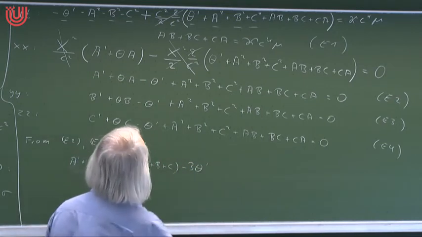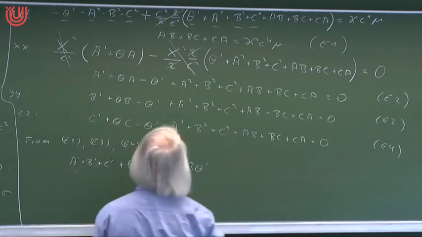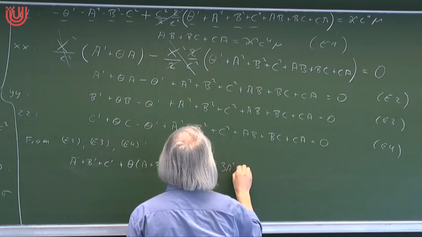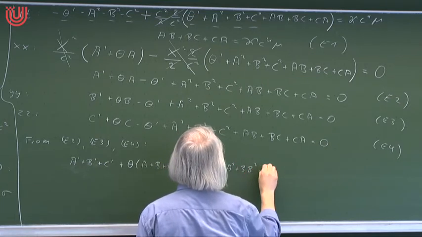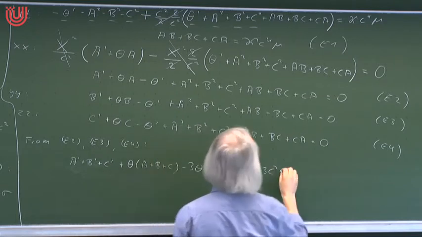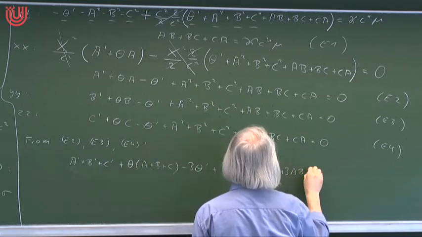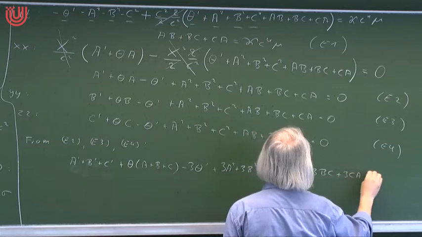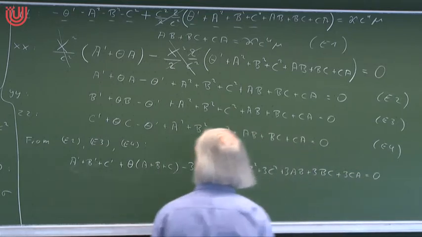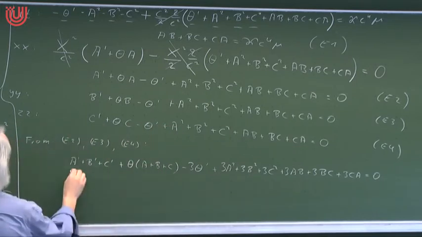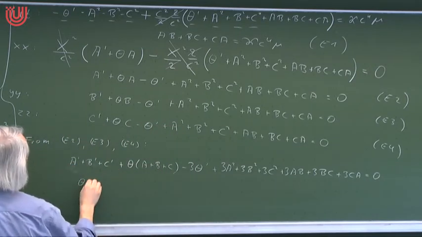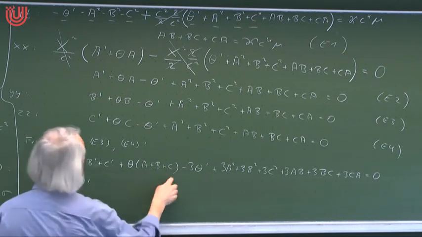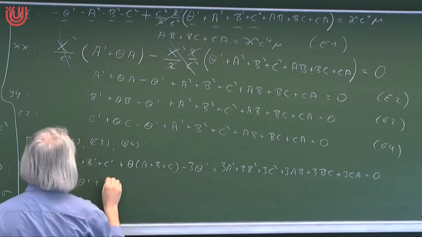And then I have this whole term 3 times. Plus 3a squared, plus 3b squared, plus 3c squared, plus 3ab, plus 3bc, plus 3ca is 0. Okay, but this here is theta prime. A plus b plus c is theta. This is theta squared, because a plus b plus c is theta.